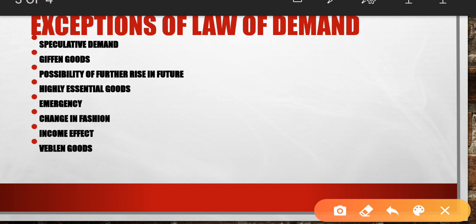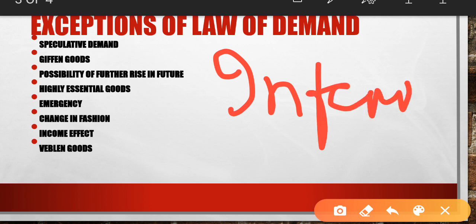So here what has happened: the product which was of inferior quality, that you were using till now, its price has fallen, but you have responded by shifting. That means you have stopped asking for the product. Here with the fall in the price of rice, your demand may not go high. You might purchase the same quantity, but you will shift to a different brand.